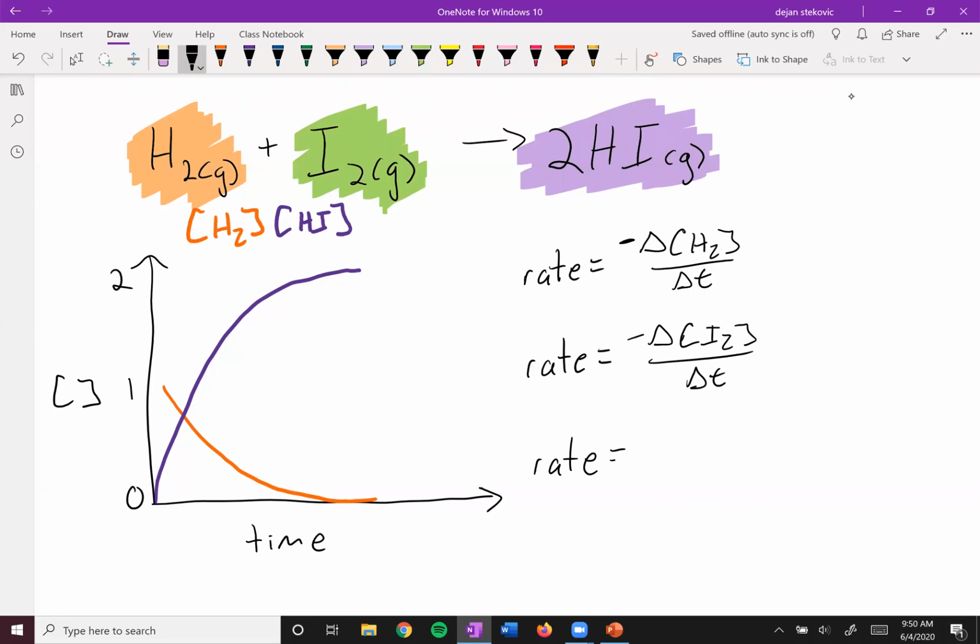This rate is equal to 1/2 of the change in the concentration of HI over delta t, because you need 2 HIs to form 1 reaction, and all of this is in terms of per reaction. This part is positive because it's a product, so it's being formed, and you can see over here that this slope is positive.